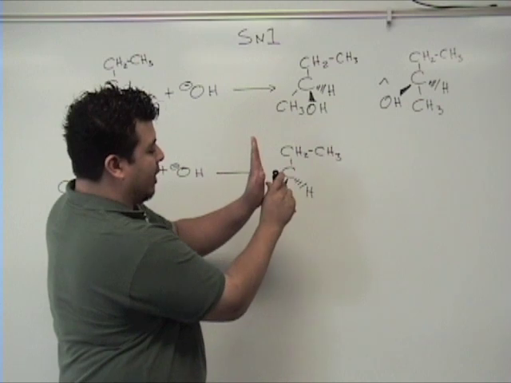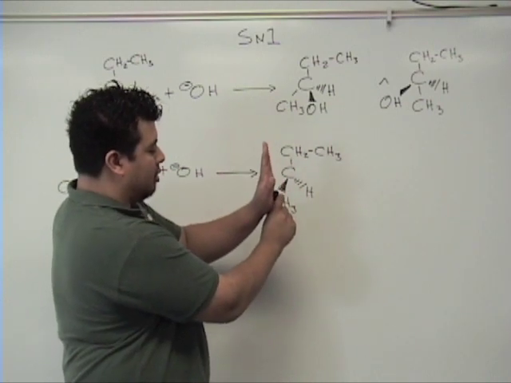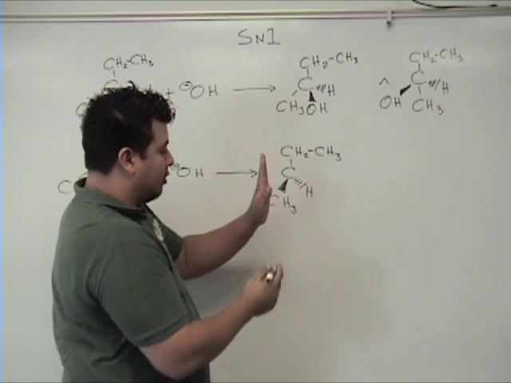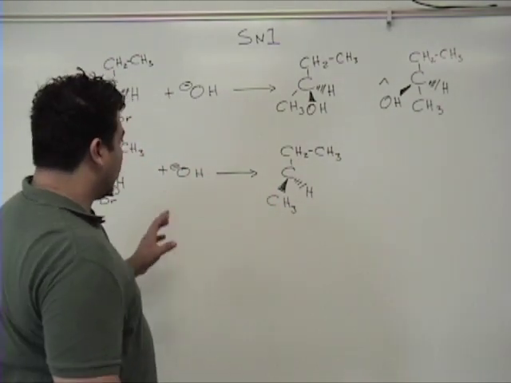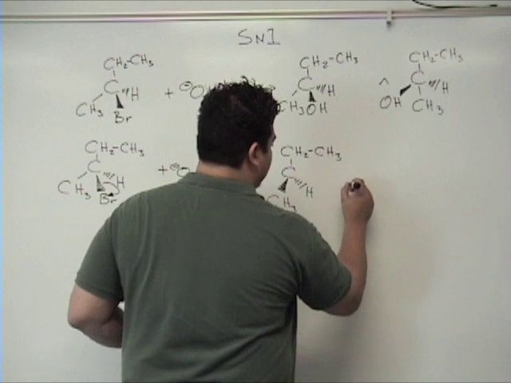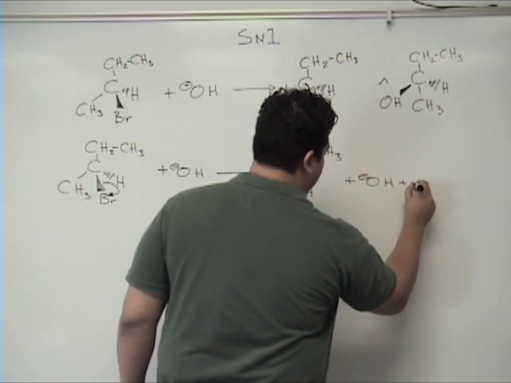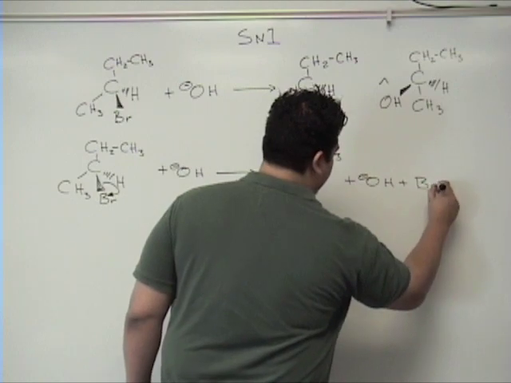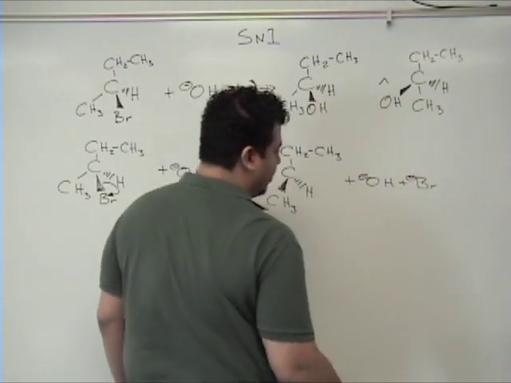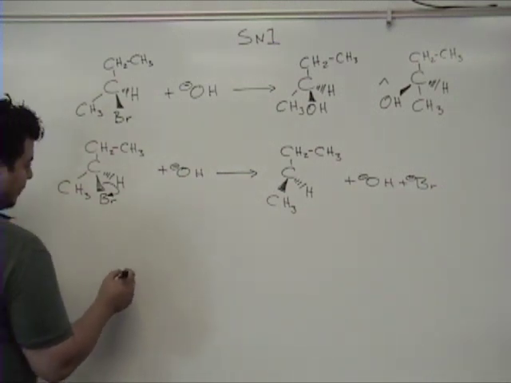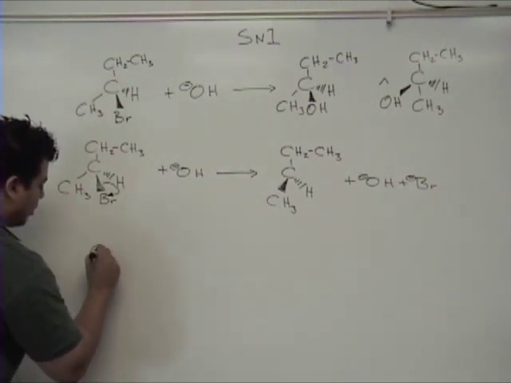You got going to the back a hydrogen, and then coming towards you, you have a CH3. So the nucleophile Br minus, because it took the electrons from the bond. So the nucleophile here, on this step, let me rewrite it.